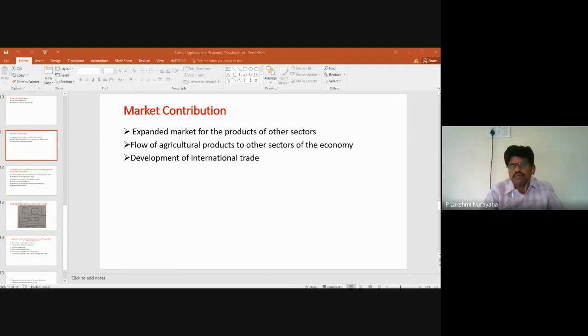David Metcalf focuses our attention on these two market contributions in a more effective way. According to him, agricultural development, through providing market for agricultural inputs and consumer goods, promotes the industrial sector. The developed industrial sector in turn helps, through the spread of modern technology in agriculture and by providing an expanded market for agriculture.